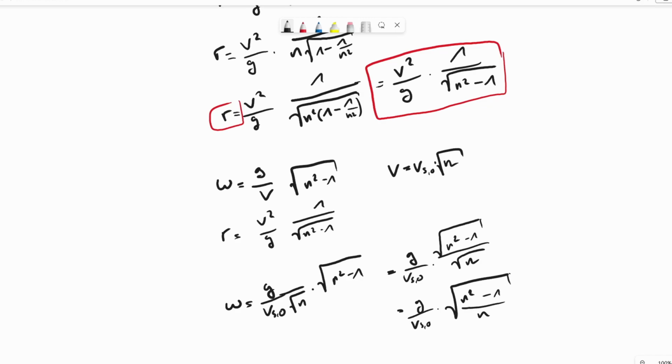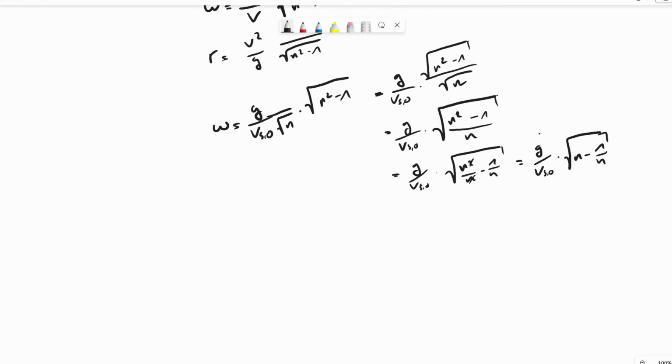We rearrange it a little bit, which will help us for the limit. So n squared over n minus 1 over n is hence g divided by v s0 times the square root of n minus 1 over n.